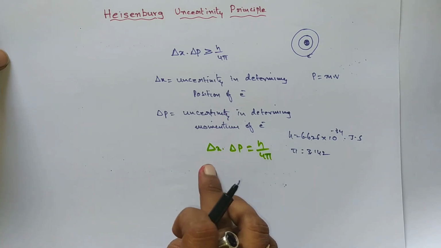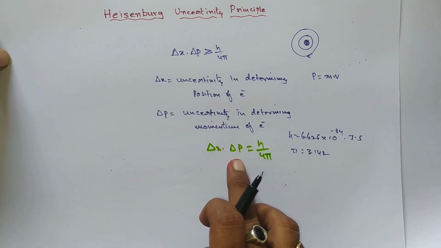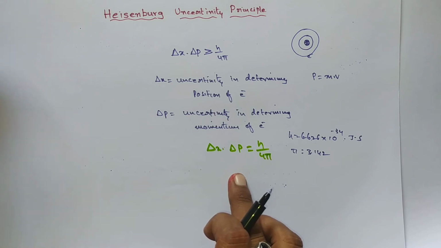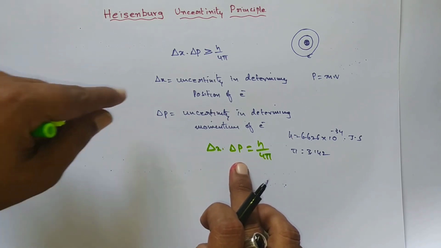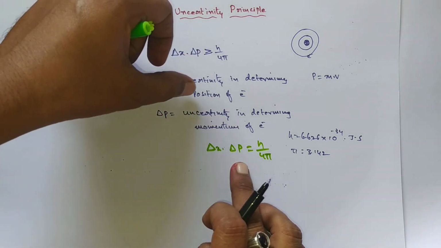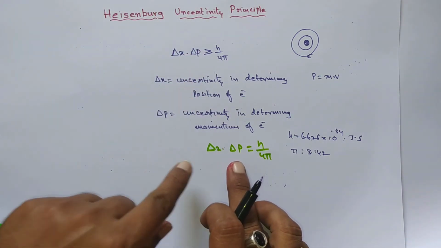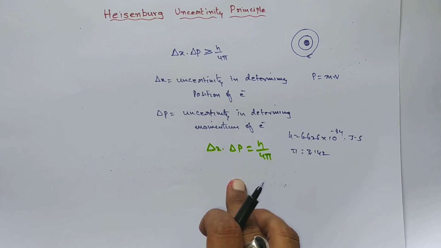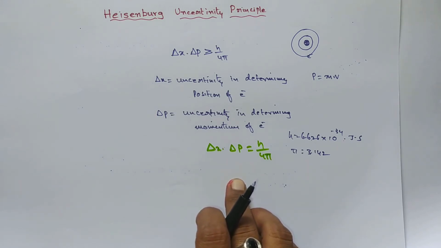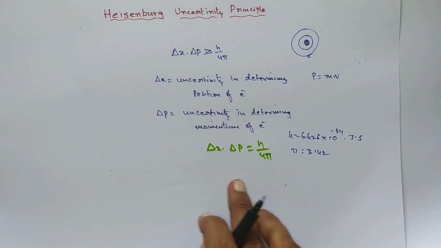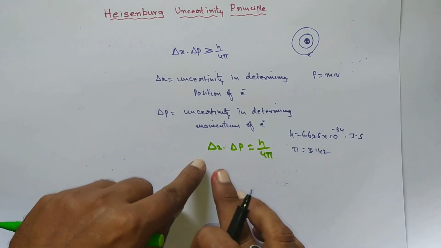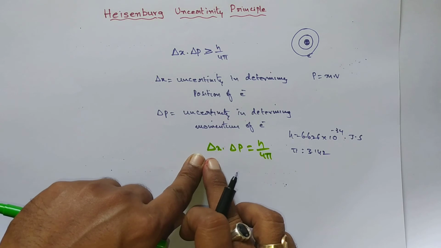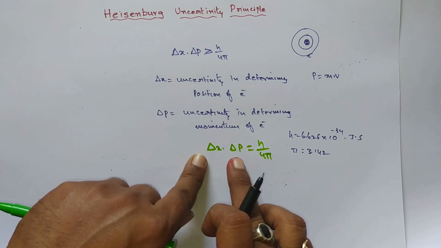That means if one value increases, the other value decreases, isn't it? Suppose the uncertainty in determining position increases, then the uncertainty in determining momentum decreases. The product of these two components is equal to a constant value. Suppose we are supposed to determine the exact value of position, then the uncertainty in momentum goes on increasing.